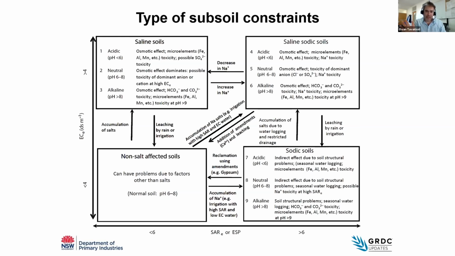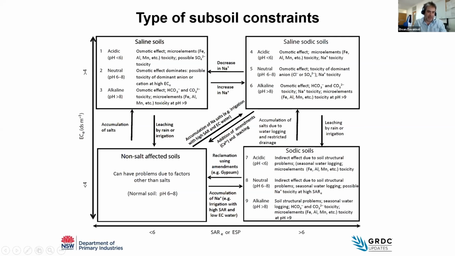And I think at some stage I came up with 16 different categories of these soils. But we can actually shorten them or summarize them into some really key ones. And I'd like to focus on alkaline sodic soils for the rest of this presentation, and also the alkaline saline soils.